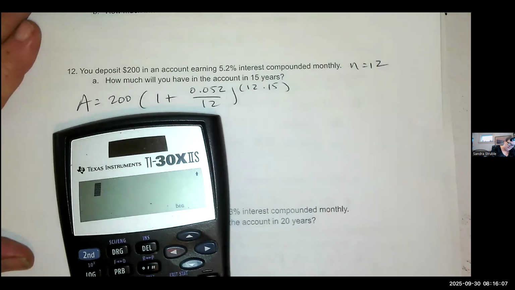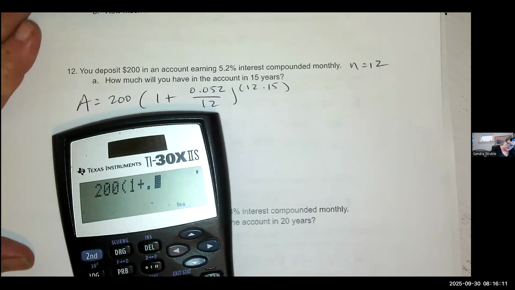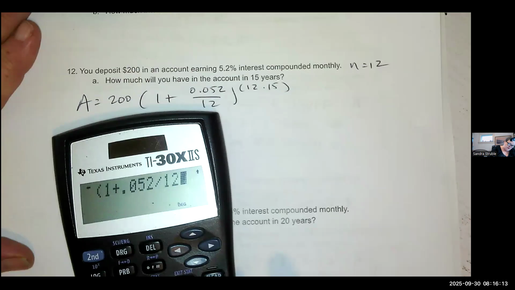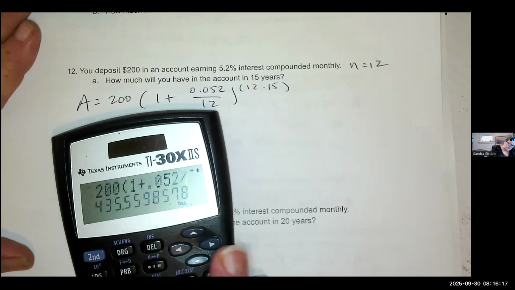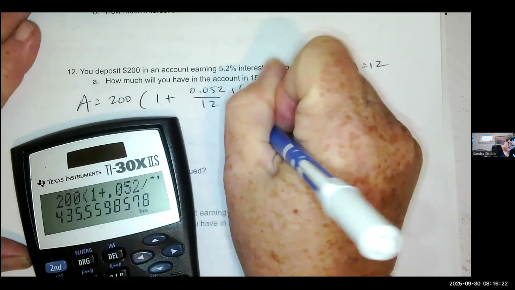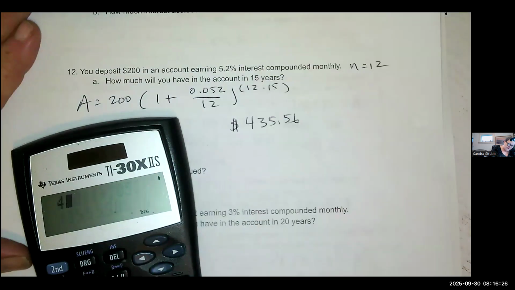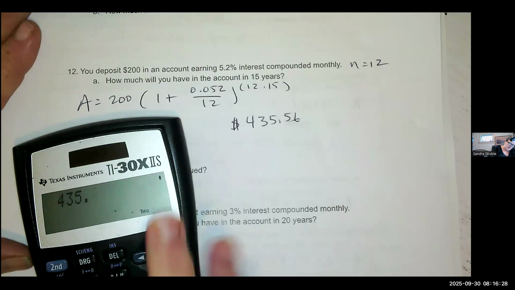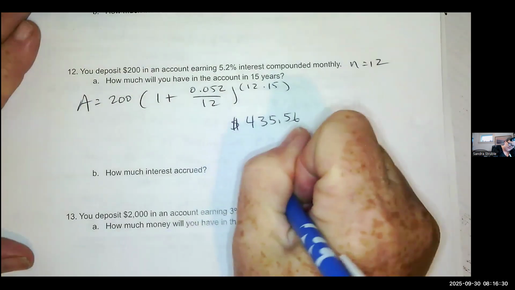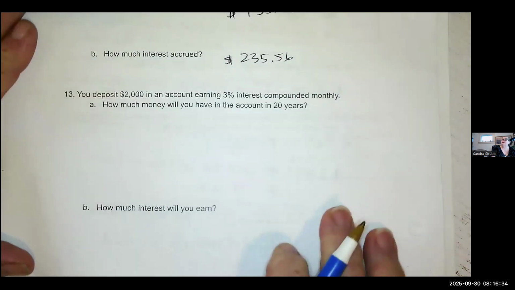Let me double check my work. 200, open, 1 plus 0.052 divided by 12, close, caret, 12 times 15, close, equals, yeah, 435.56. And then, well, it's 235.56. You'll still have to write sentences. I'm trying to get through to the next part.